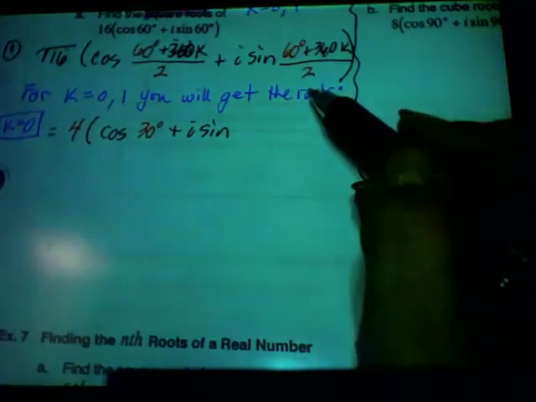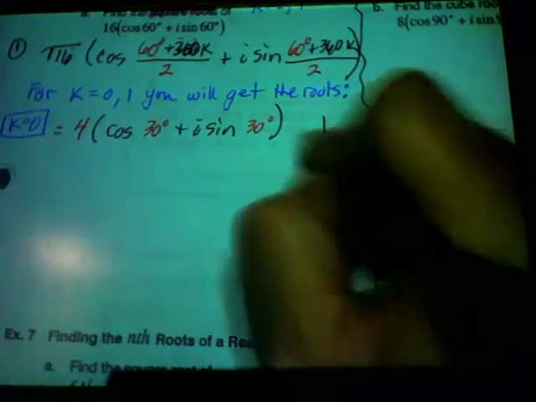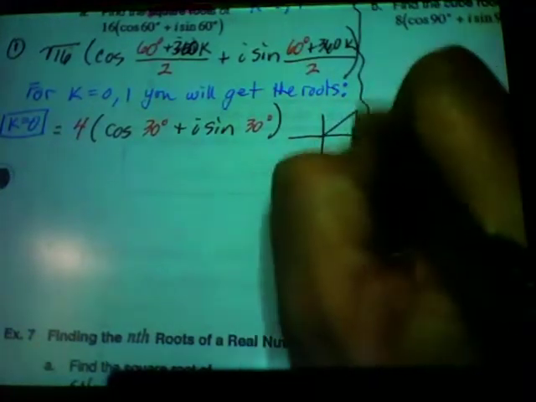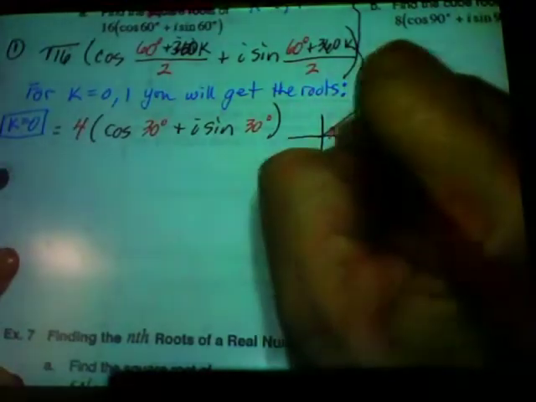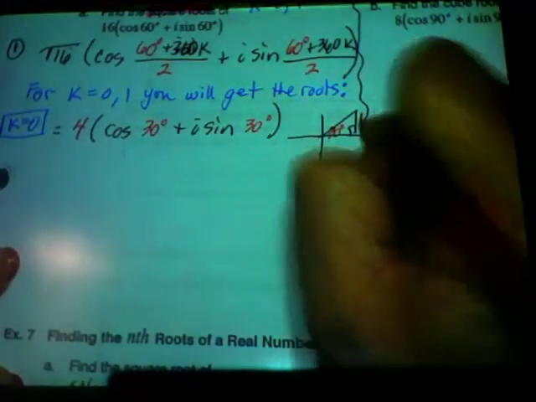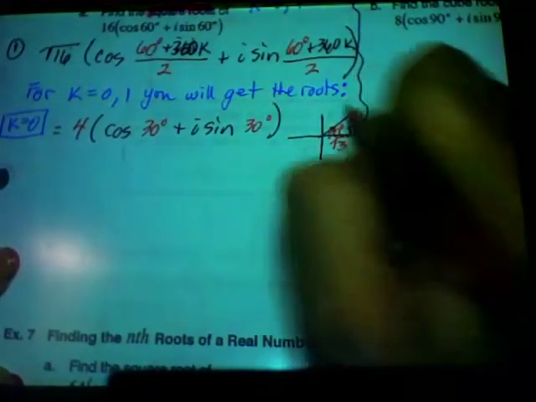To see how I skipped something: I sine. Won't this give me exactly the same thing? So I don't have to do it again. I get 30 degrees. Now, 30 degrees is right here. Across from 30 is 1, over here is rad 3, and this is 2.